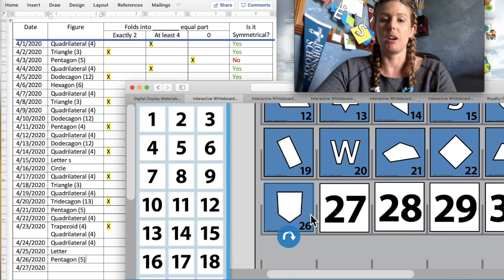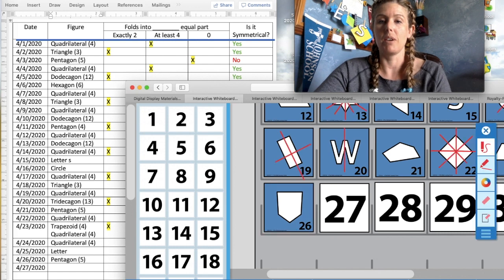And looking over at our pentagon, if we have our crayons here, if I fold my pentagon, this top portion is not congruent to the bottom. They do not match exactly. So I'm going to go ahead and erase that. And let's think of drawing another line. Let's see if we fold it here.